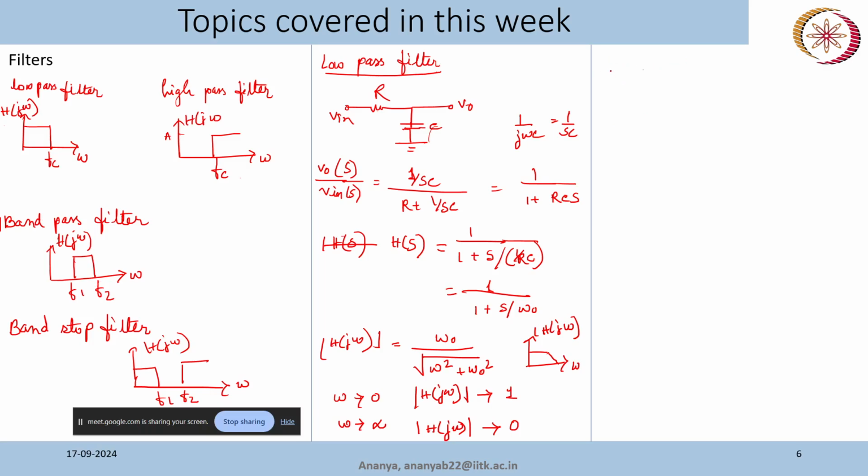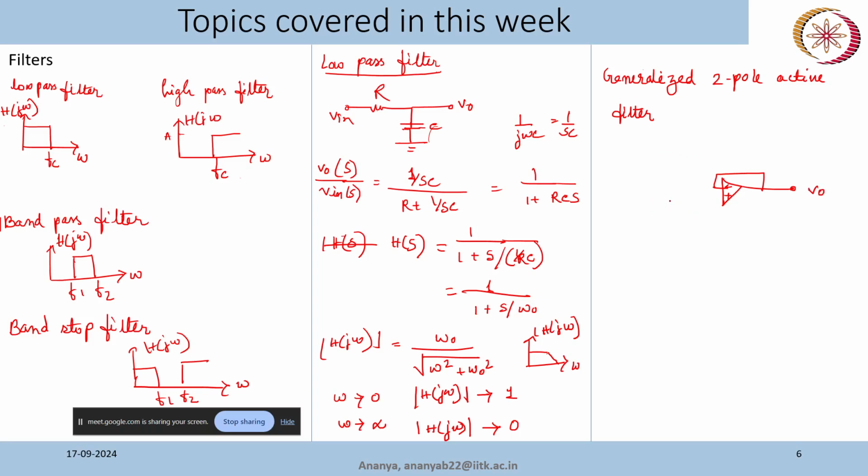In this course we have also studied the generalized two-pole active filter. What is the T configuration? This is an op-amp, that is the active component. This is the negative terminal, this is the non-inverting terminal. This is the negative feedback, this is V0.